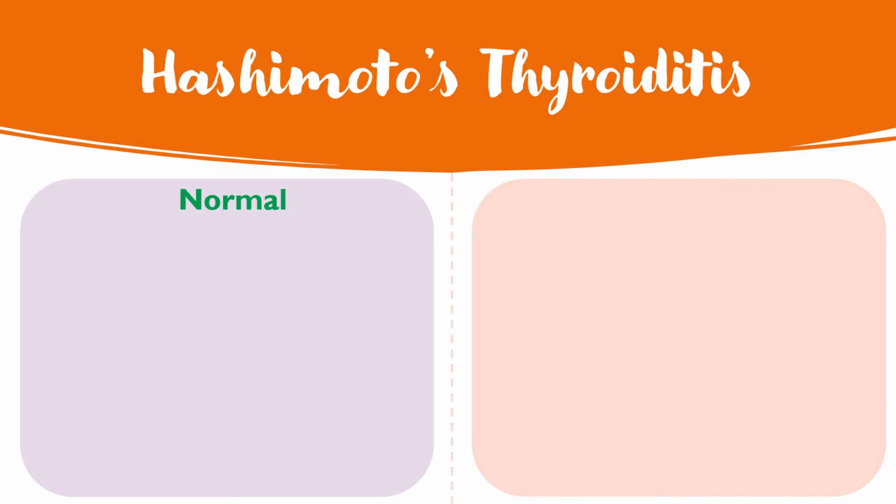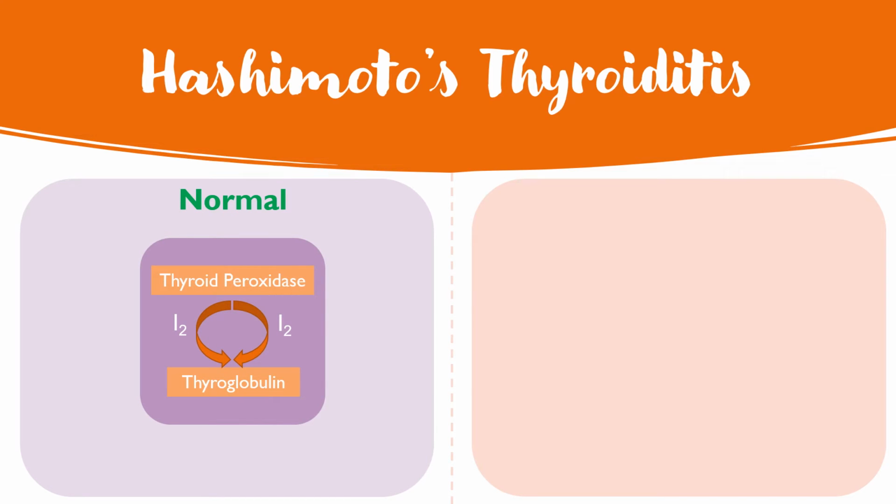So Hashimoto thyroiditis is an autoimmune condition, and to fully comprehend it, we have to see what happens under normal circumstances. So in normal thyroid cells, we have an enzyme called thyroid peroxidase, and this adds iodine to a substance called thyroglobulin. And this is a key step in normal T3 and T4 production.